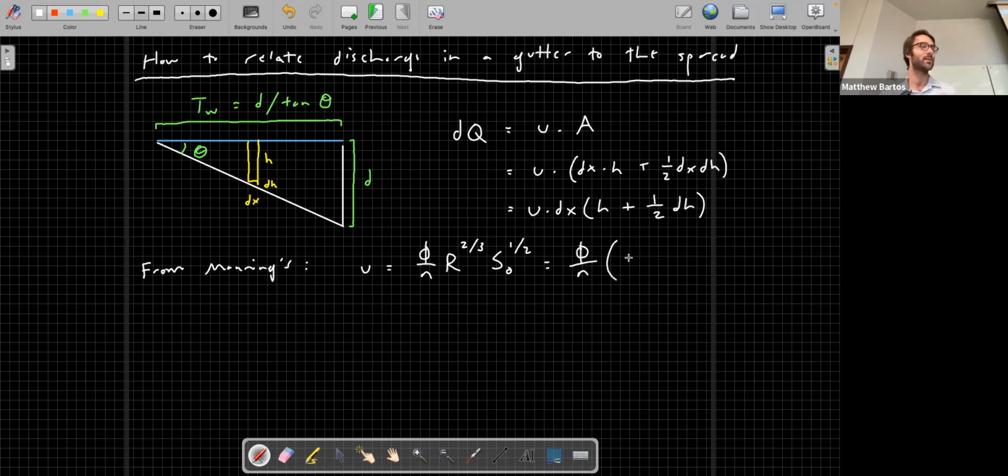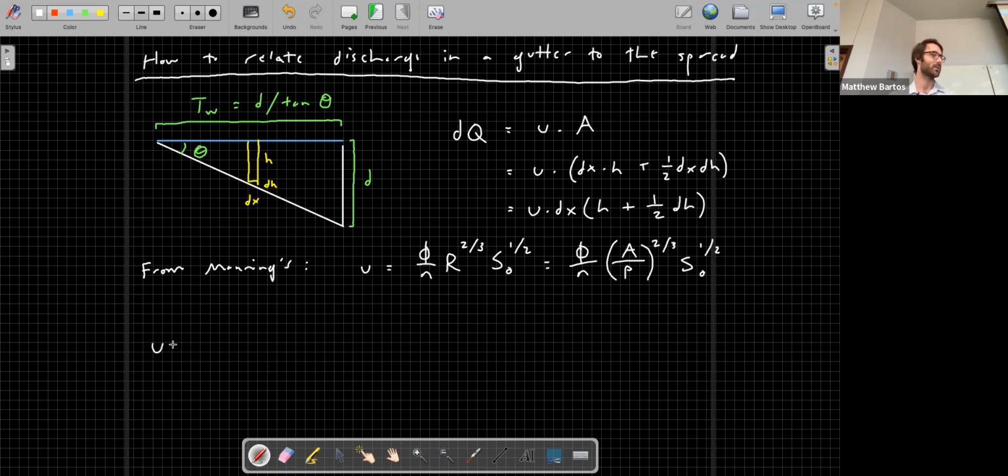What's the hydraulic radius again? Area over what? Wetted perimeter. Very good. So we have that quantity times the longitudinal slope to the 1/2 power. We've already got an expression for the cross-sectional area. What about for the wetted perimeter?